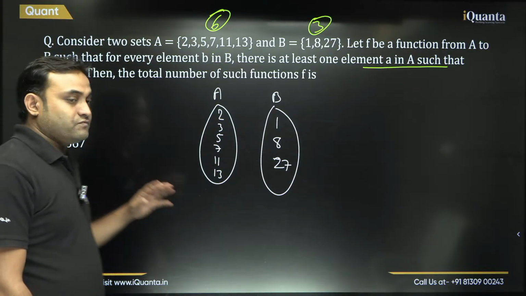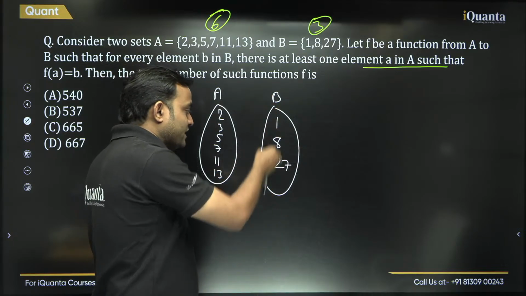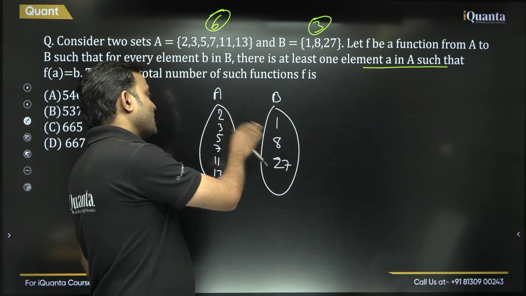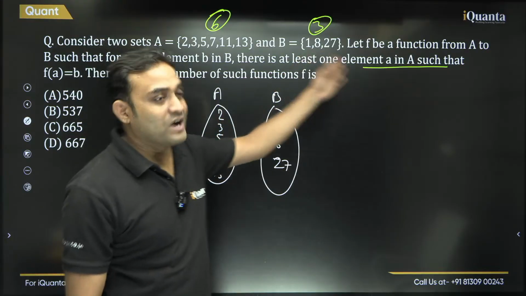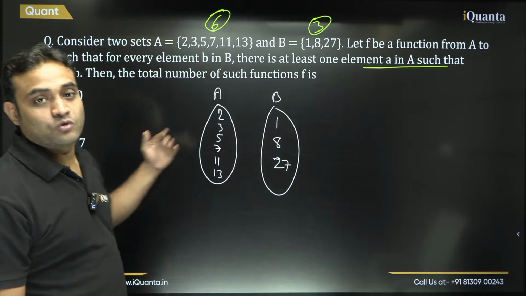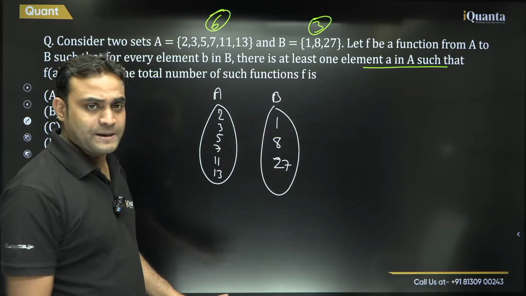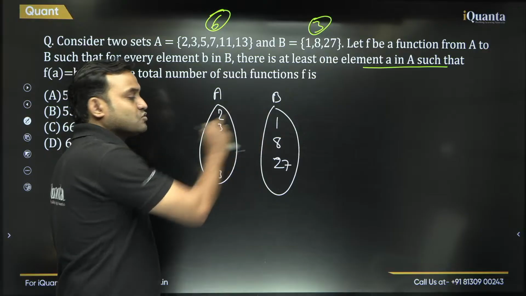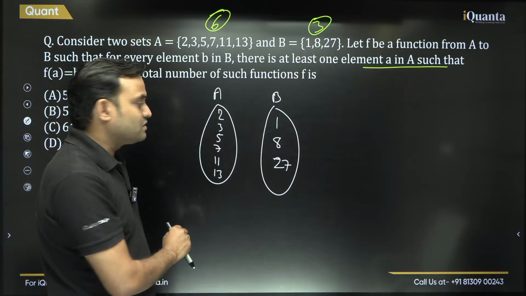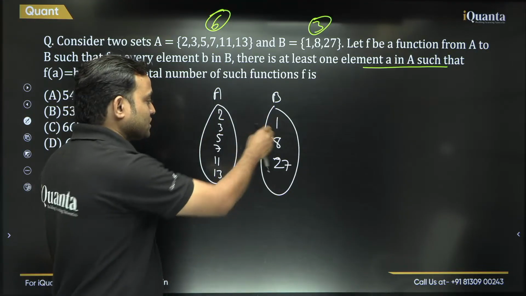How many functions are possible such that every element of B has at least one element in A, for that f(a) is equal to b, है ना. If f(a) is equal to b, what we can say is that f(2) is equal to 1, f(3) is equal to 1 possible, f(5) is equal to 1. So all the 6 can be assigned to 1 or this or this.